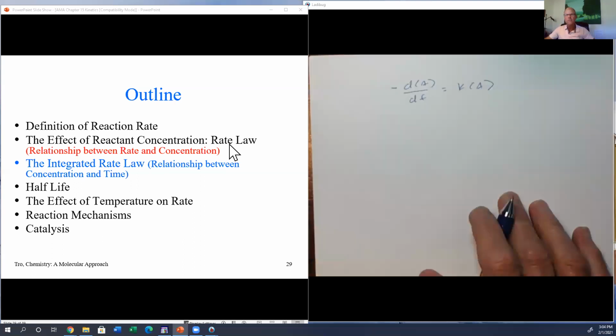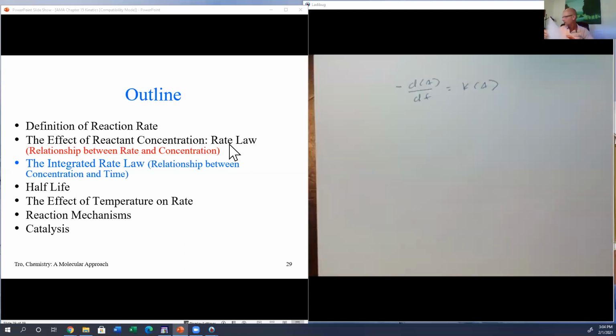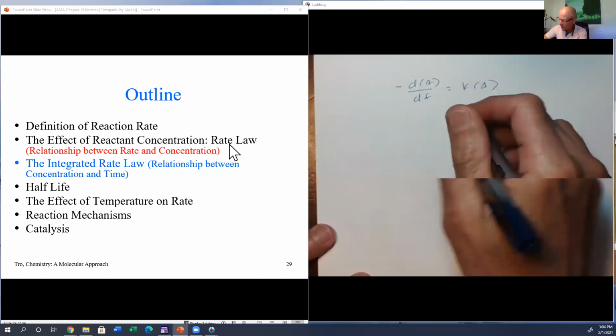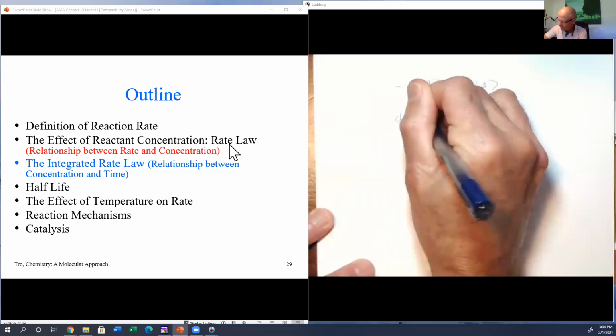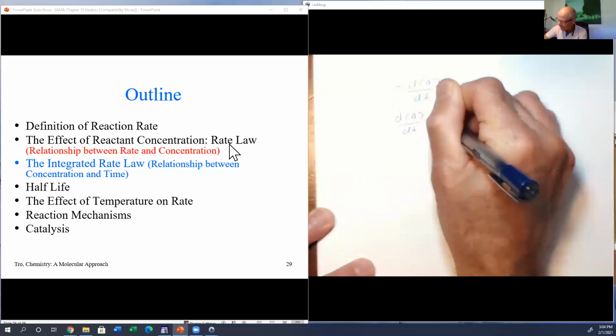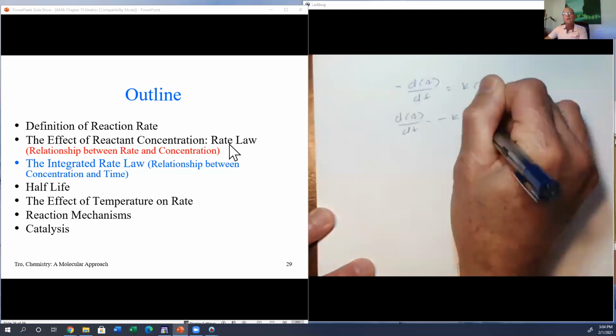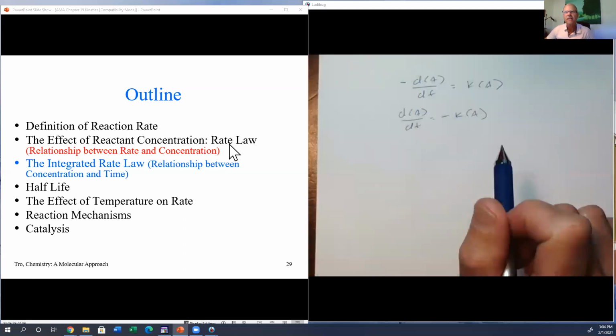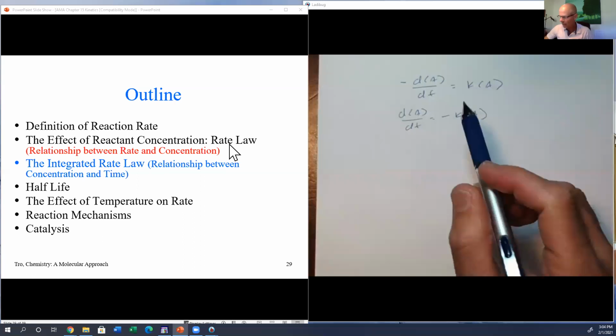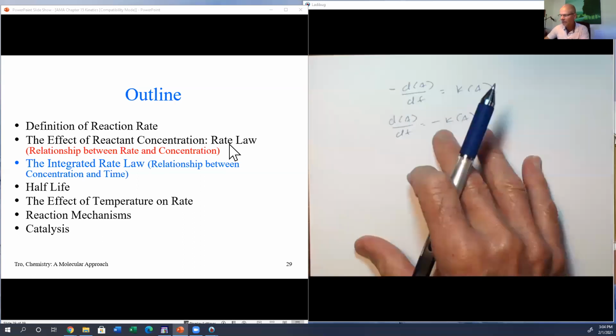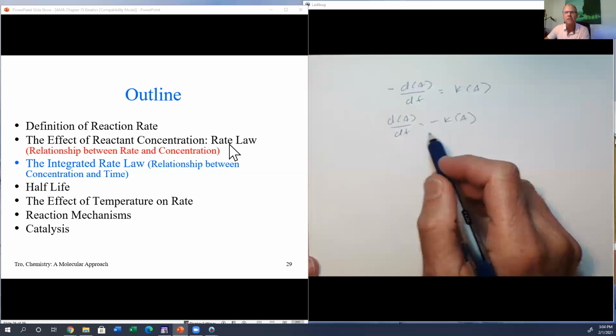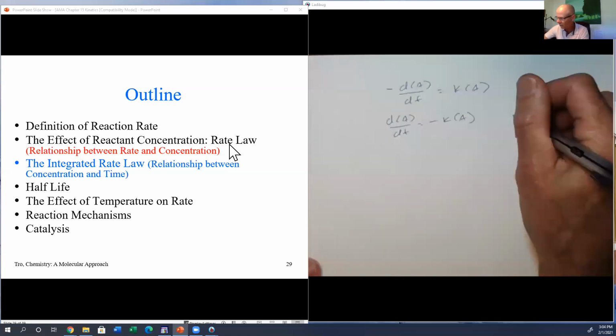The first thing I'm going to do is move the negative sign to the other side. So I get dA dt is equal to minus kA. For those of you that have had calculus, you might recognize this. It's a special kind of equation called a differential equation.